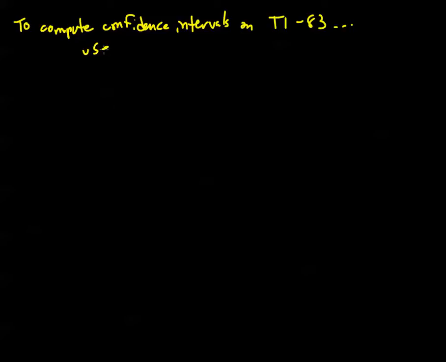To compute confidence intervals on the TI-83 or higher, we're going to use a command called 1-PropZInt. 1-Prop because we're going to be estimating one population proportion.